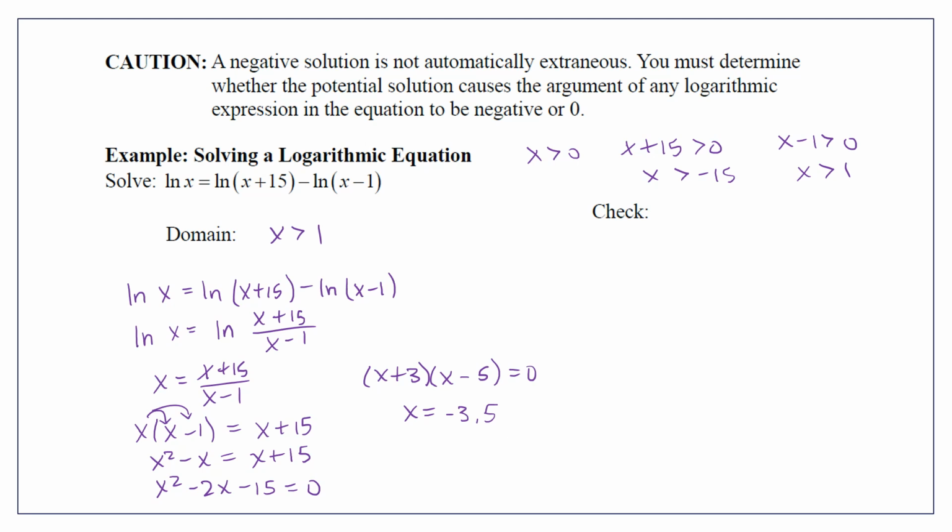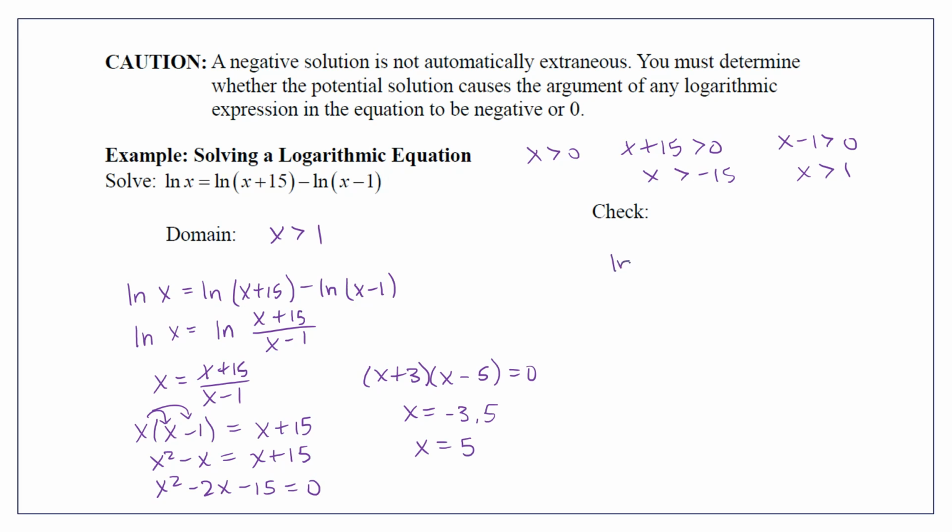Okay, so negative 3 and 5. All right, so we know our domain has to be greater than 1. Okay, so x has to be greater than 1. And so we know then that x equals 5 is going to be our solution.